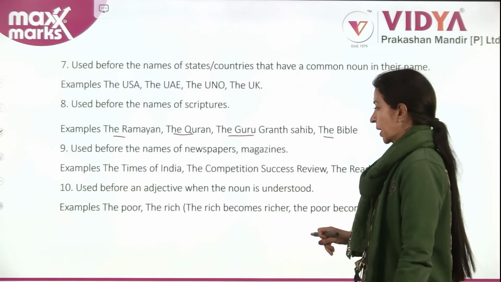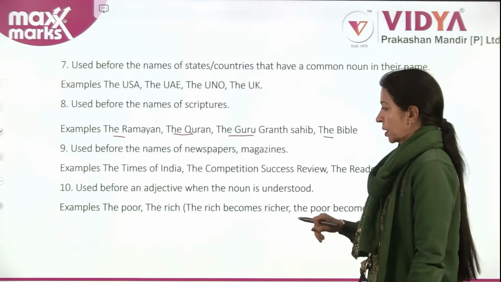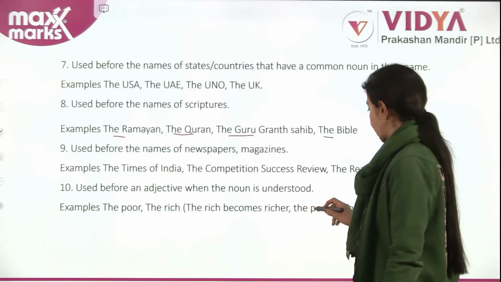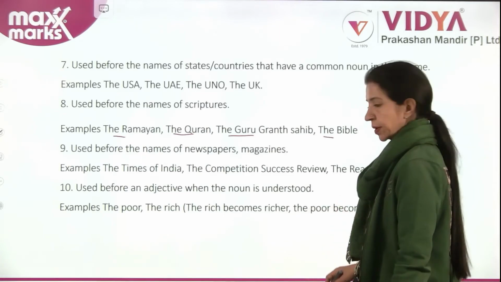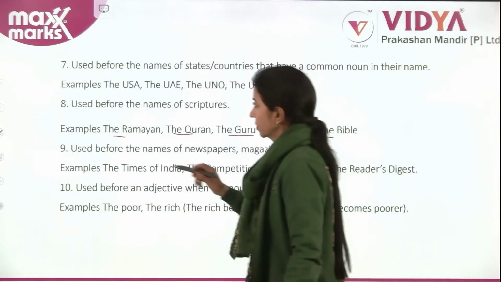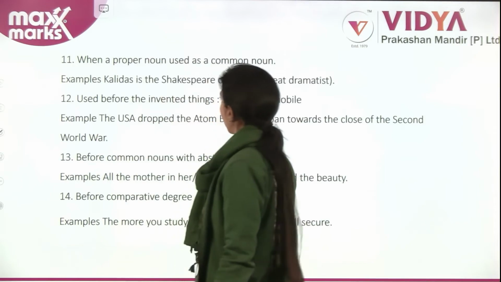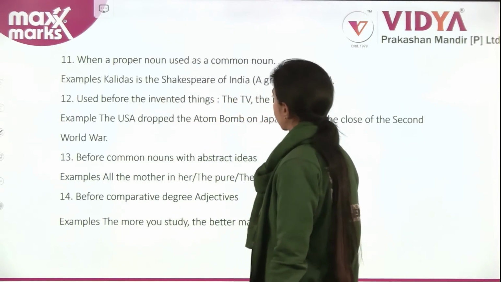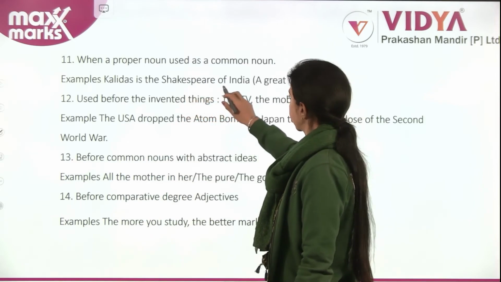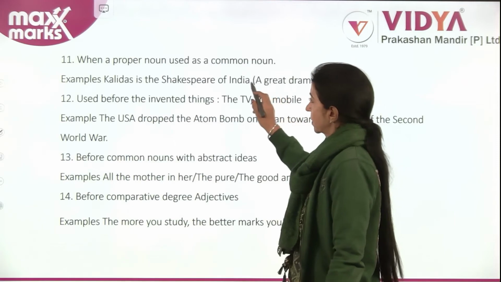Used before an adjective when the noun is understood: the poor, the rich. The rich becomes richer, the poor becomes poorer. Now, when a proper noun is used as a common noun, example, Kalidas is the Shakespeare of India, a great dramatist.